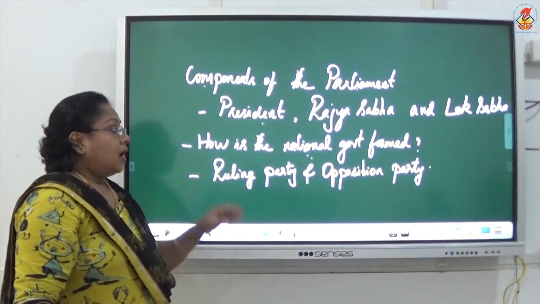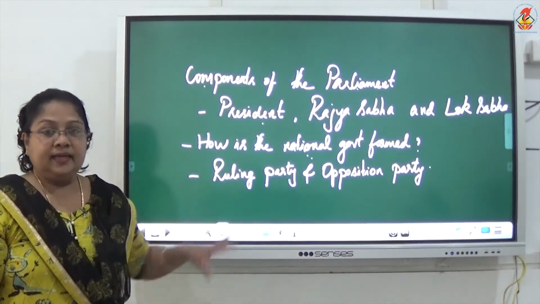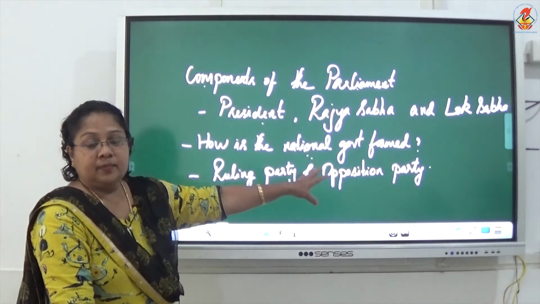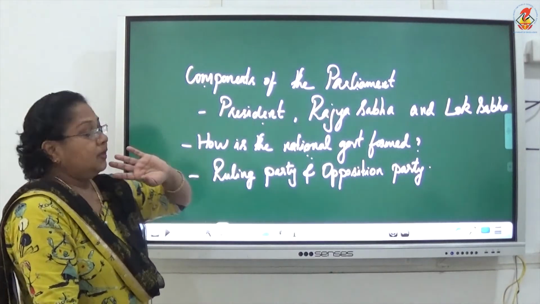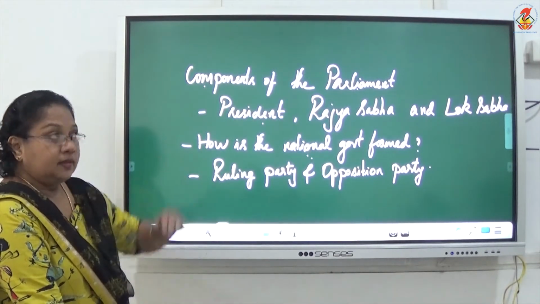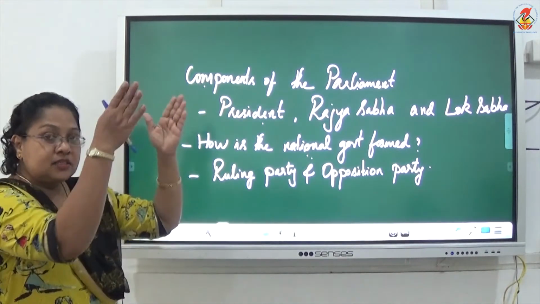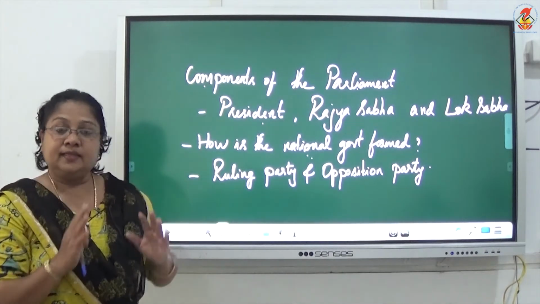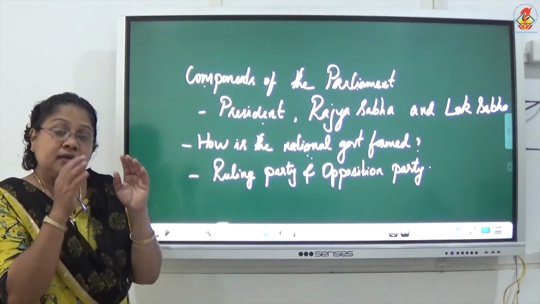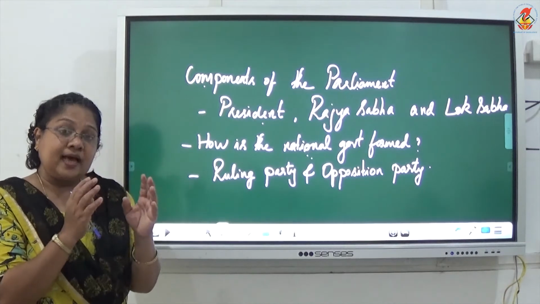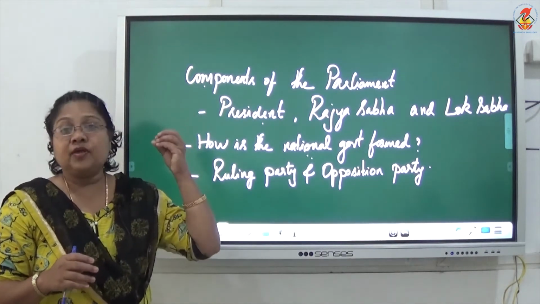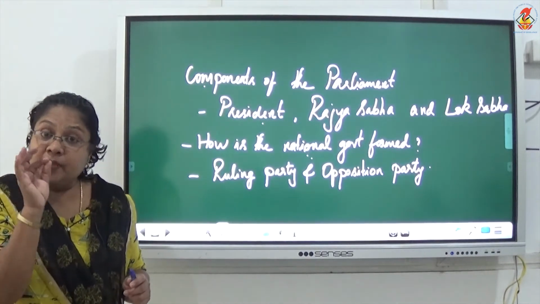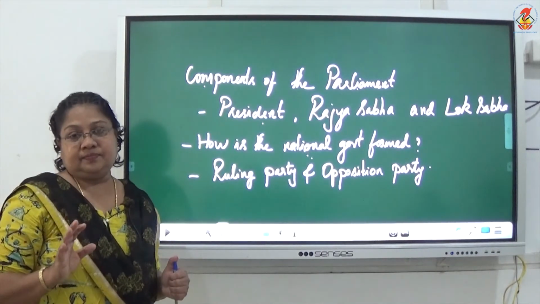Now, after contesting the election, how is the national government formed? Once the election is over and the MPs are selected, the list of the MPs will be taken. From that list, they will see which political party has the maximum number of MPs, or in other words, which political party has secured a majority in the parliament.